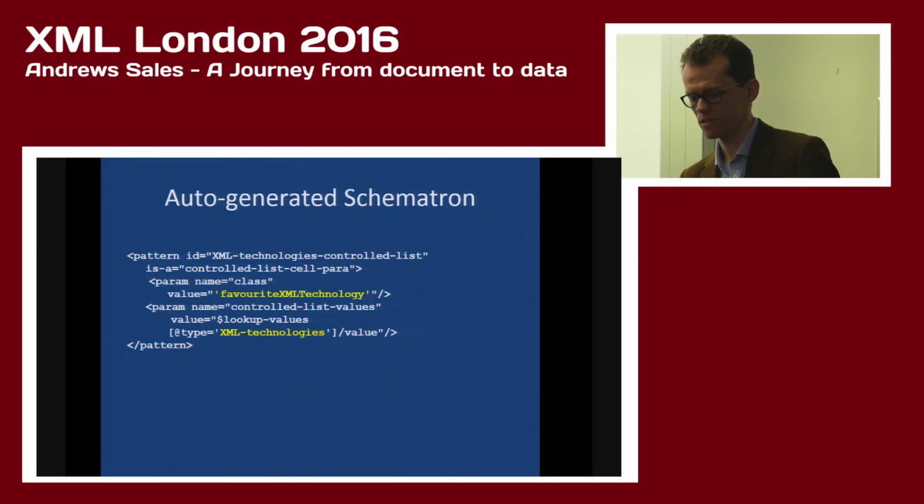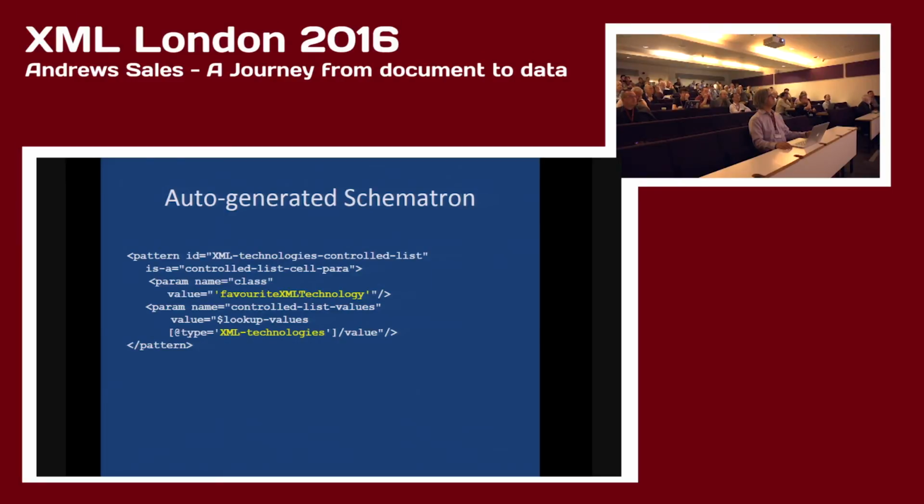And the auto-generated schematron, well, the handcrafted schema contains several abstract patterns enforcing the cardinality and the data type of most fields, along with a very few concrete patterns that are so specialized they wouldn't be worth generalizing.